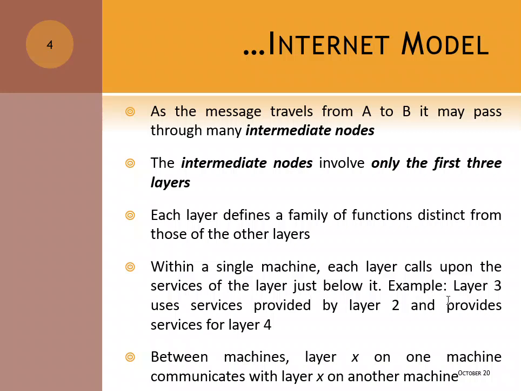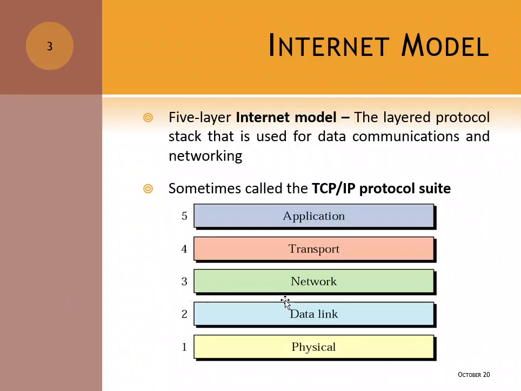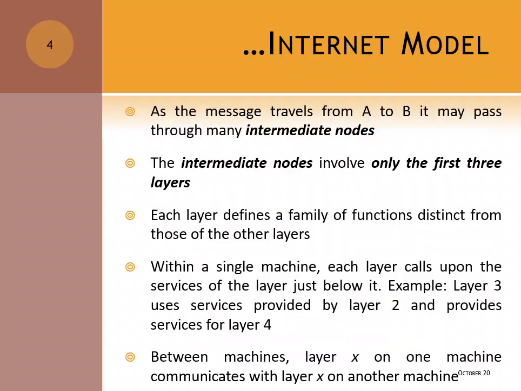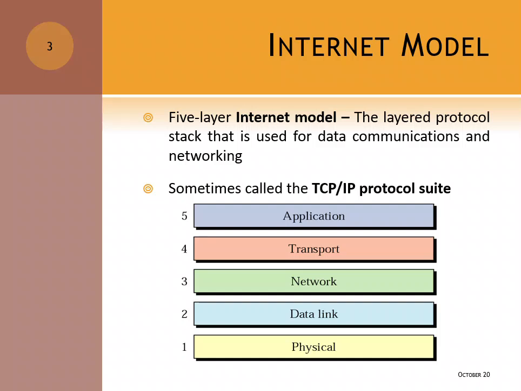For example, layer 3, network layer, uses services provided by layer 2 and provides services for layer 4. Setiap layer akan menggunakan services daripada layer yang di bawahnya dan menyediakan services to a layer above it. Maksudnya, contoh network layer, dia akan menggunakan servis daripada data link layer dan menyediakan perkhidmatan untuk transport layer.